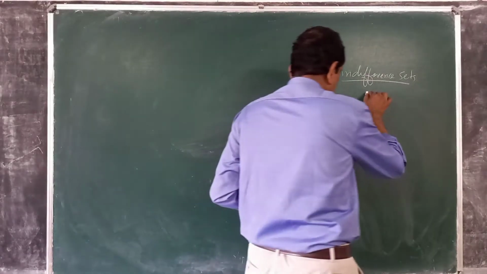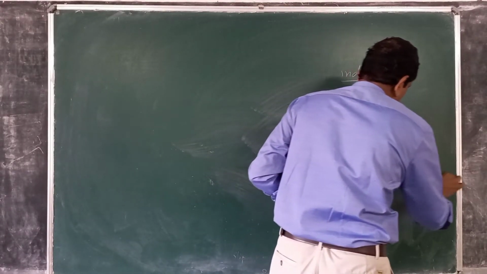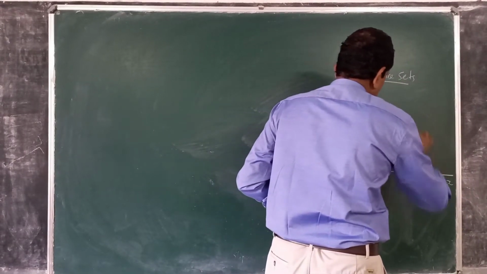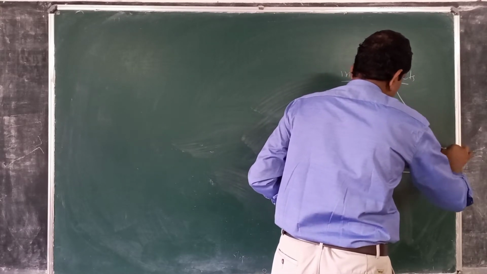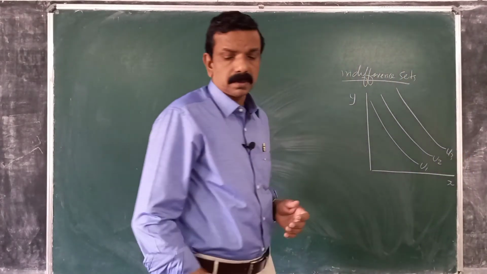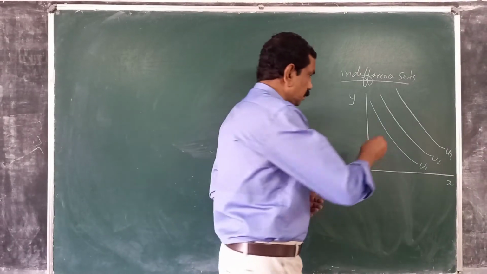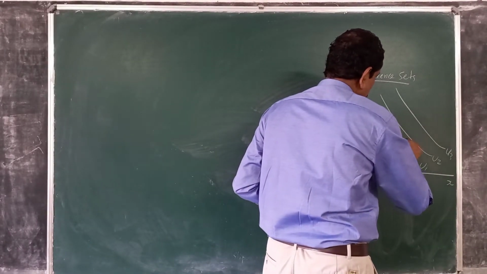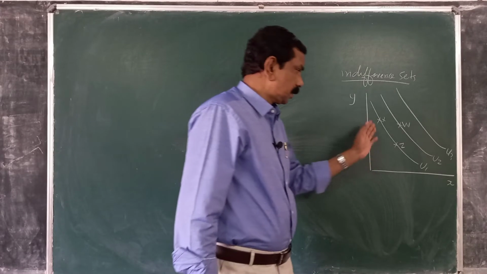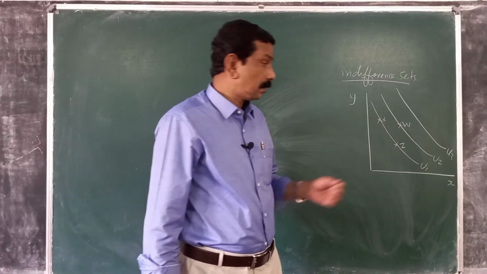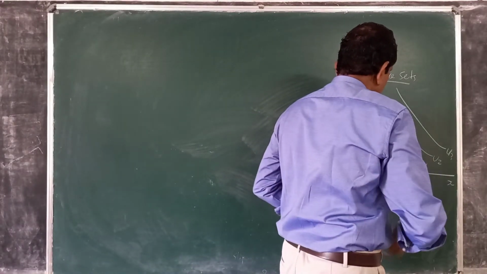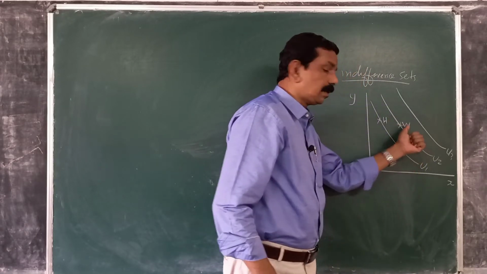Now consider this graph with two commodities, x and y, and indifference curves represented by levels of utility u1, u2, u3, etc. Consider the commodity bundles, combinations of x and y, represented by points such as h, z, w.